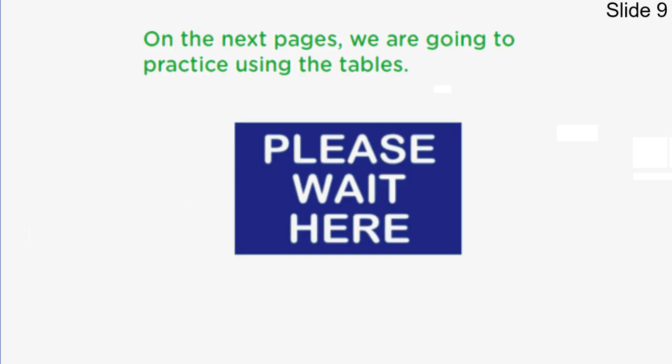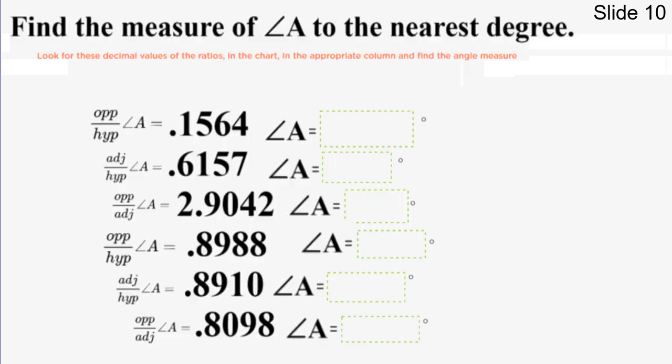If we continue on using our table to help us, you've got your table tab open from the previous slide. Let's see what we can do with these. What we want to do is find the measurement for angle A to the nearest degree. So we're going to look to see what ratio is being used. We're going to find that decimal ratio, or as close to it as possible, and look over to the left to find that value.